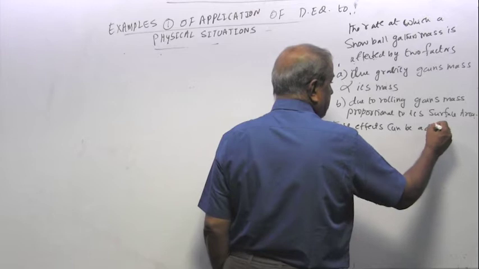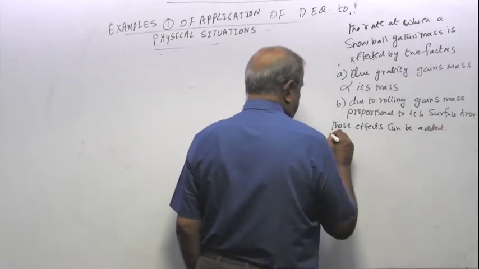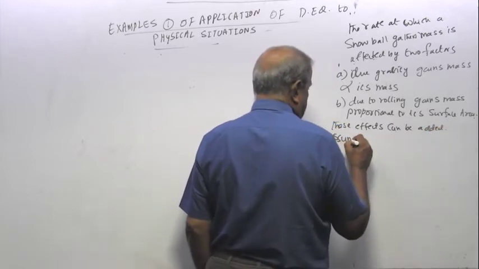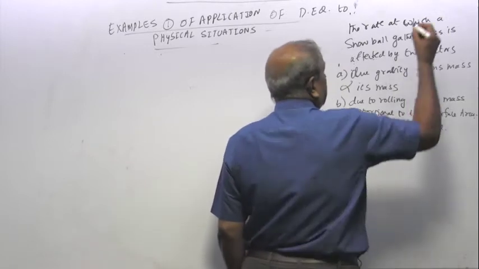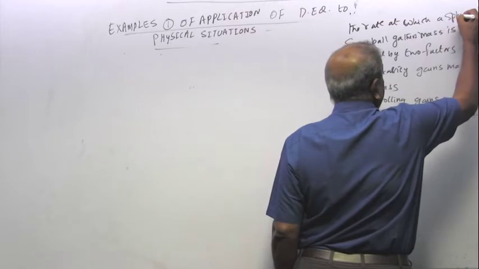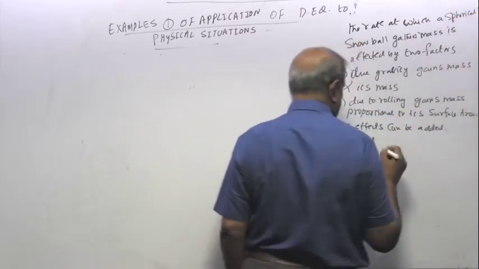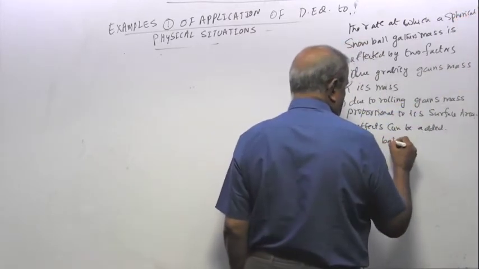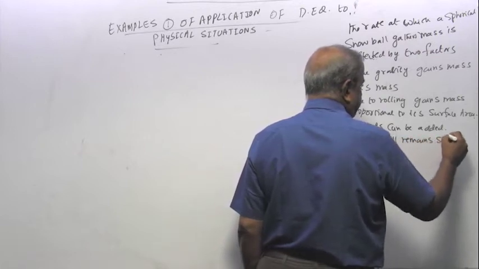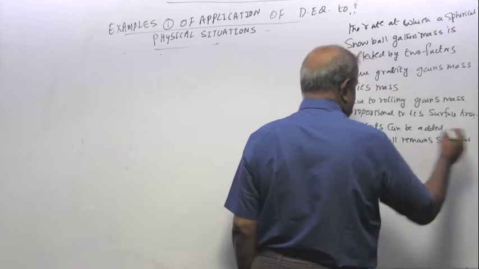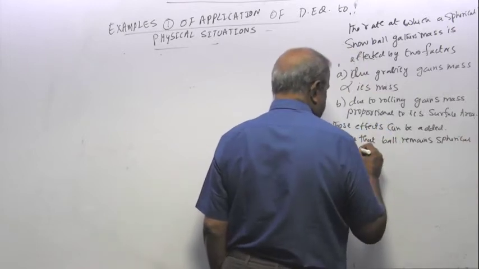We have to make an assumption. Assume that the ball remains a spherical snowball and there is no change in density.